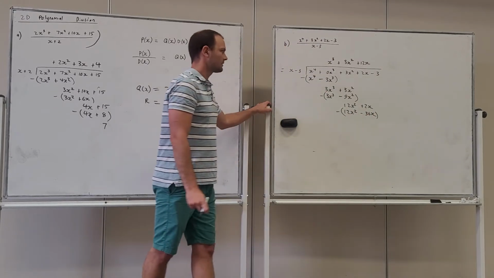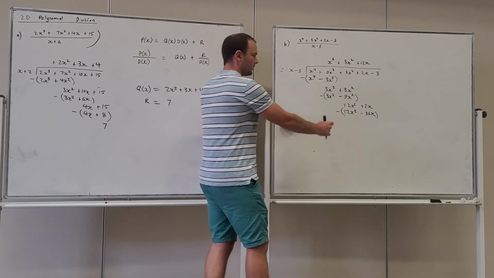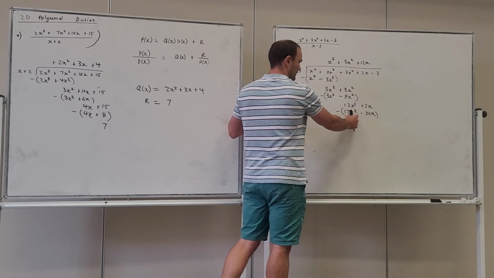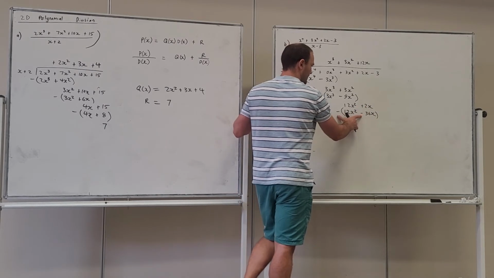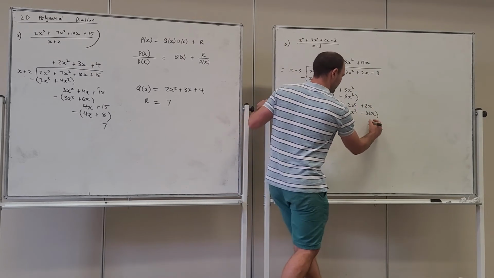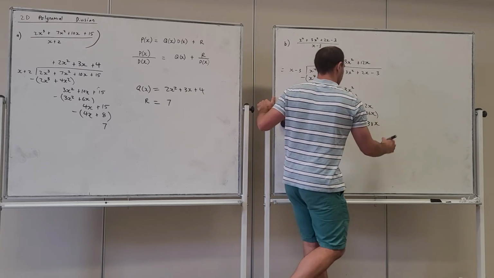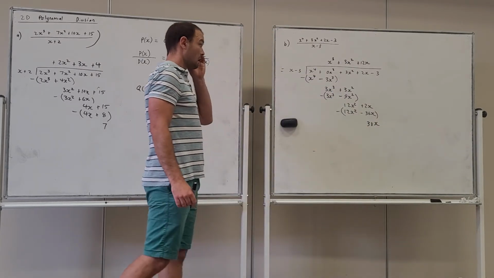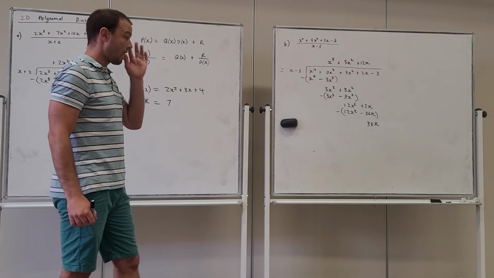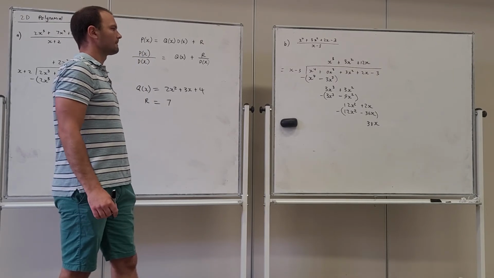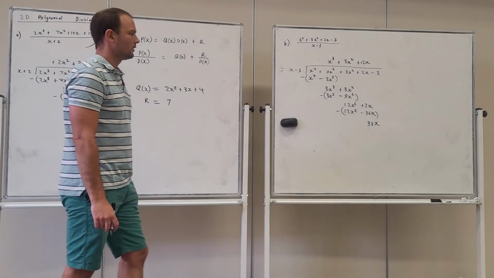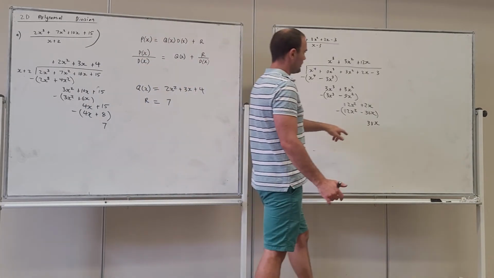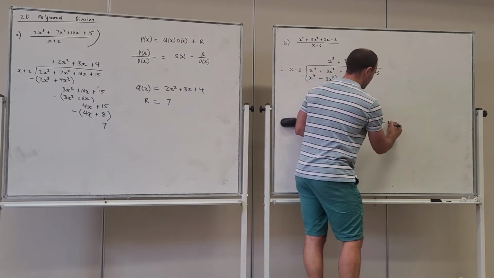Okay, let's subtract that away. This will cancel, and we're left with 2x plus 36x is 38x. Okay, and that minus 3 can float down.